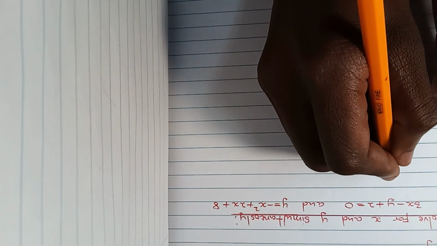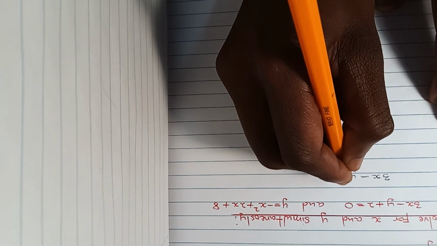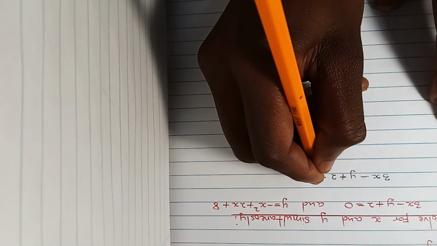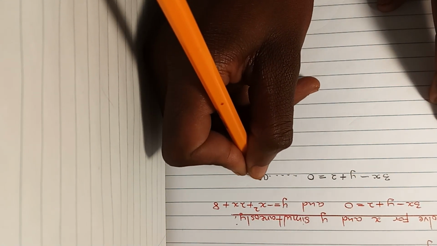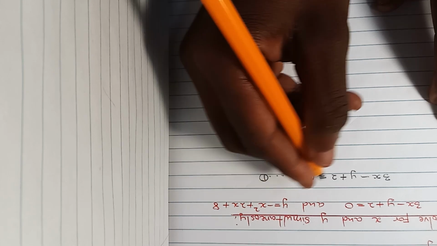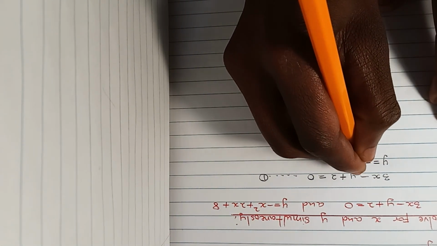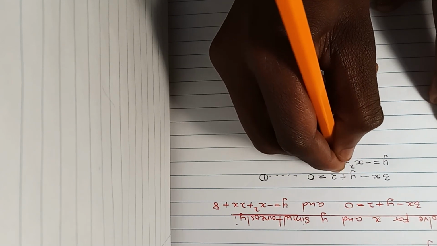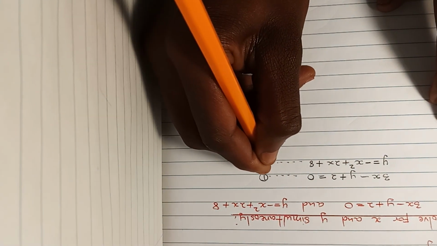I will start with this one: 3x minus y plus 2 equals 0, and this will be my equation 1. Beautiful. And then I will write the second one, y equals negative x squared plus 2x plus 8, and that will be my equation 2.